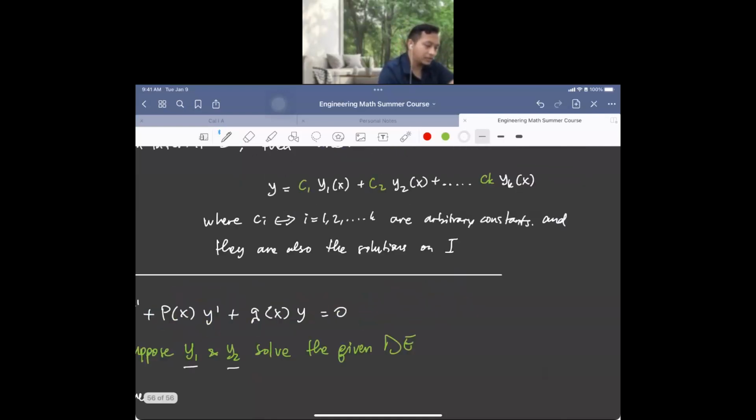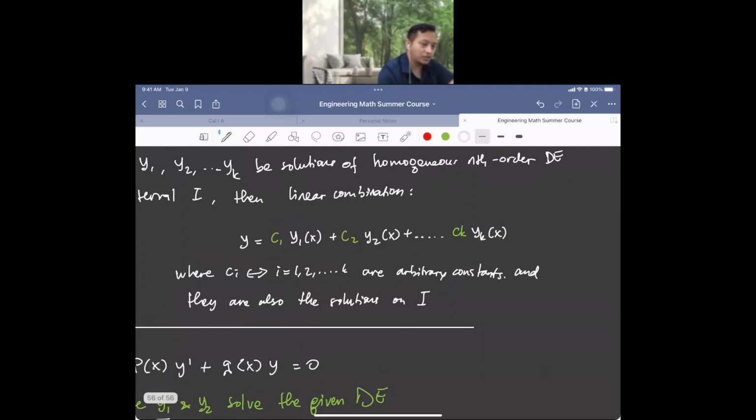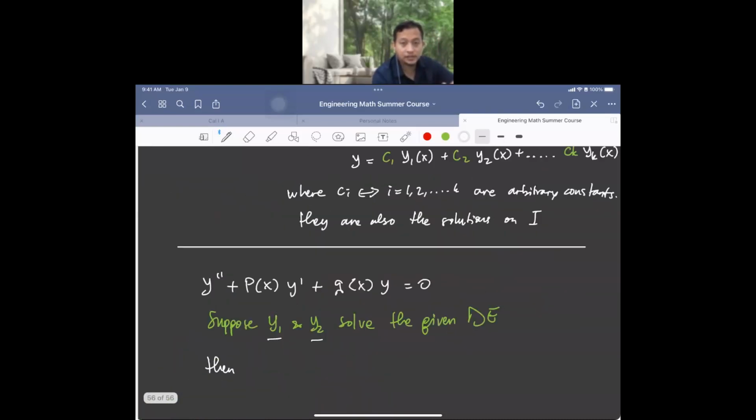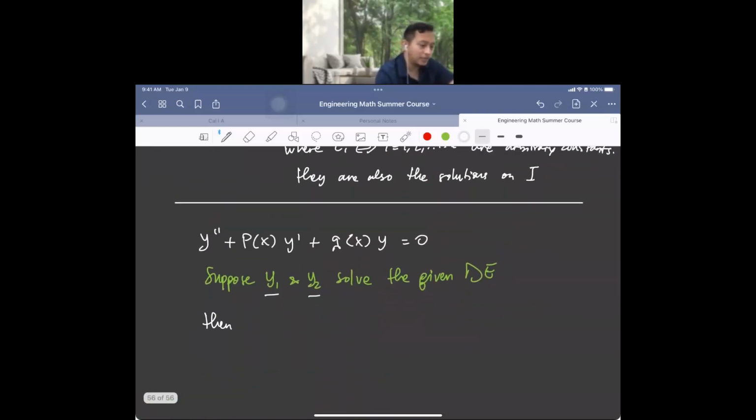Then what the superposition gives, to summarize, is that if you know y1 and y2 are solutions, then the general solution is c1 y1 plus c2 y2, and this also solves the differential equation here.